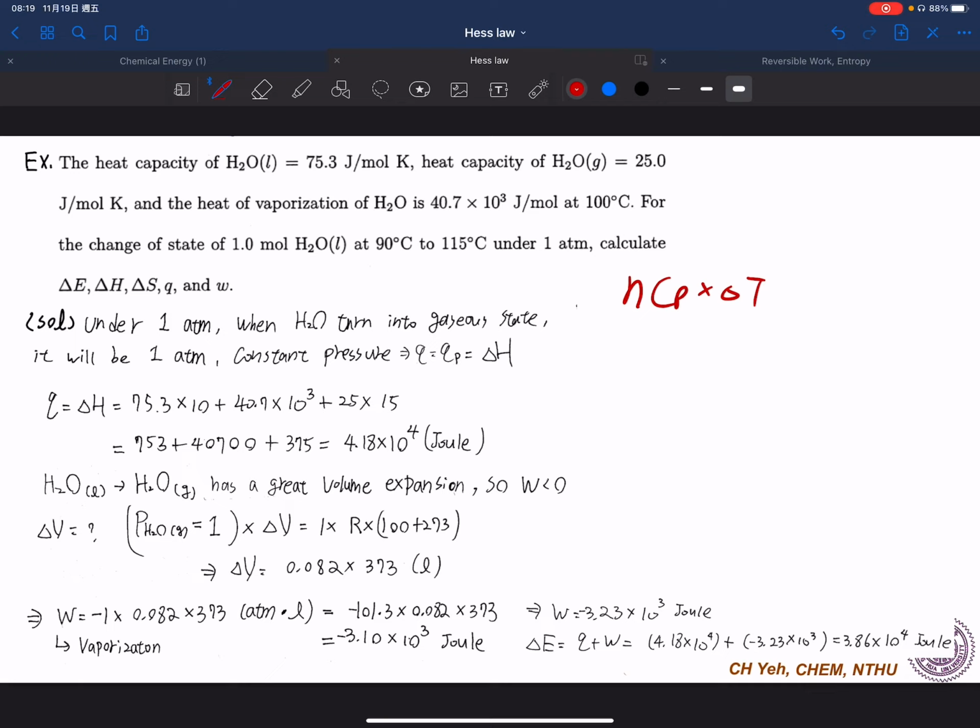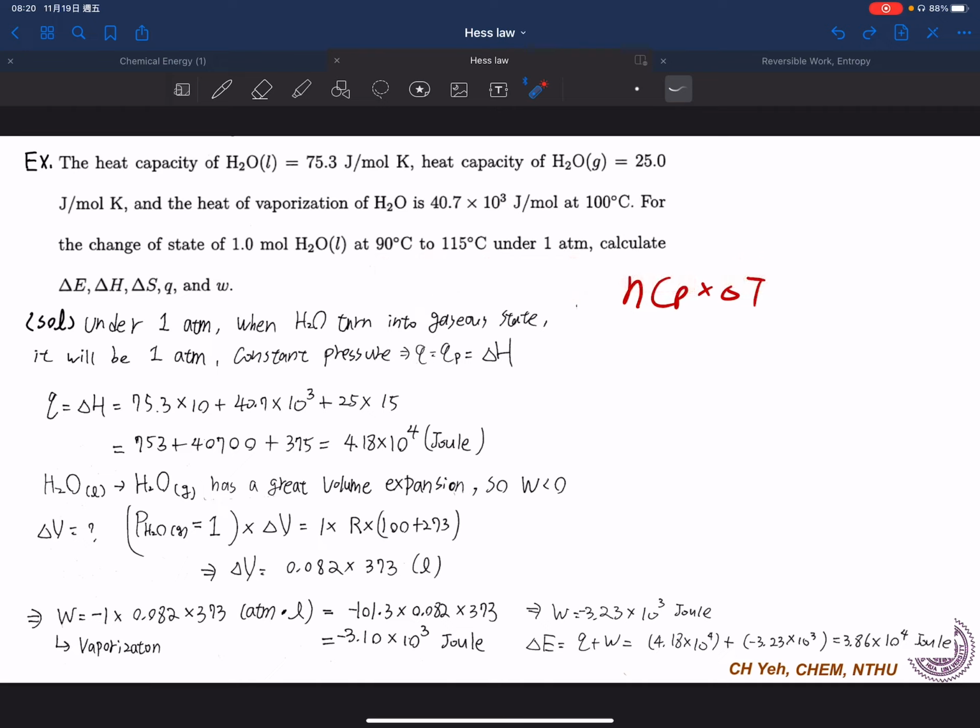There is one more thing over here. We have to calculate in each section: when you're still a liquid, and when you are having phase transformation at 100 degrees Celsius.